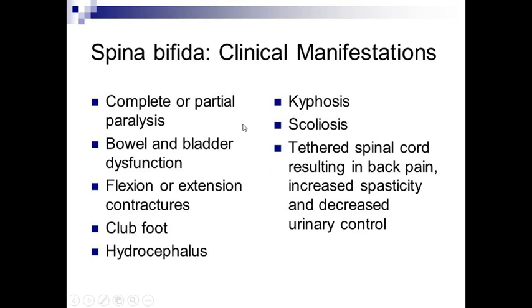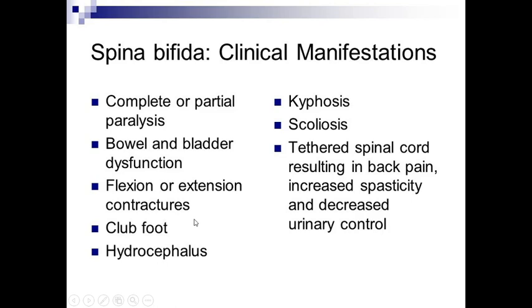So this is how spina bifida would look like, or these are the clinical manifestations. So this part of the spinal cord controls the urinary bladder and the bowel, that is our colon. Therefore, there will be bladder bowel dysfunction. Then there can be deformities in the foot. There can be hydrocephalus because the CSF drainage does not take place properly.